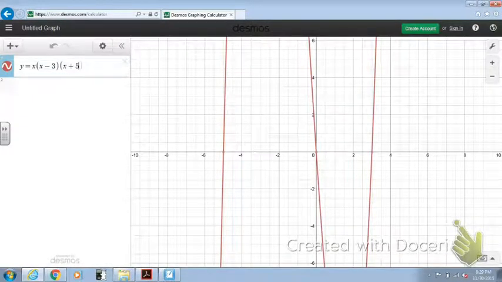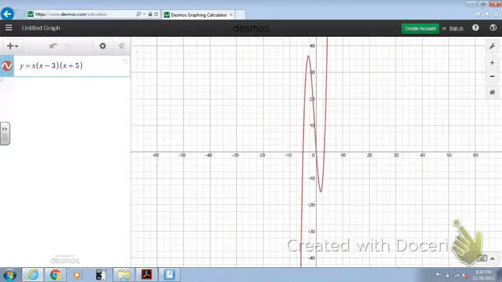It just happens to be in factored form, and we can't see it all. So what I want to do is zoom out a bunch so I can see where my maximum and minimum values are. And I've got a max at about 36, it looks like, at x equals 1.67, and a minimum of about negative 14.18. So when I graph those, I'm going to guess that my max is at 36 and my minimum is about negative 15.